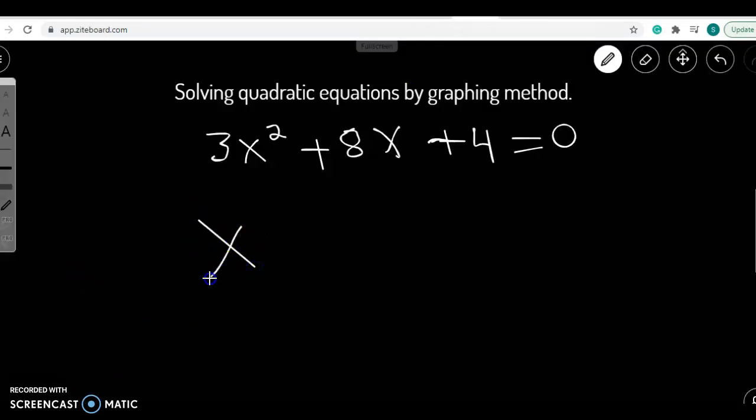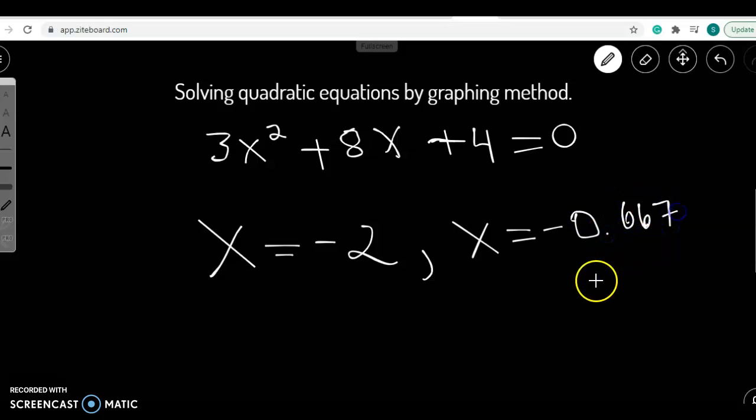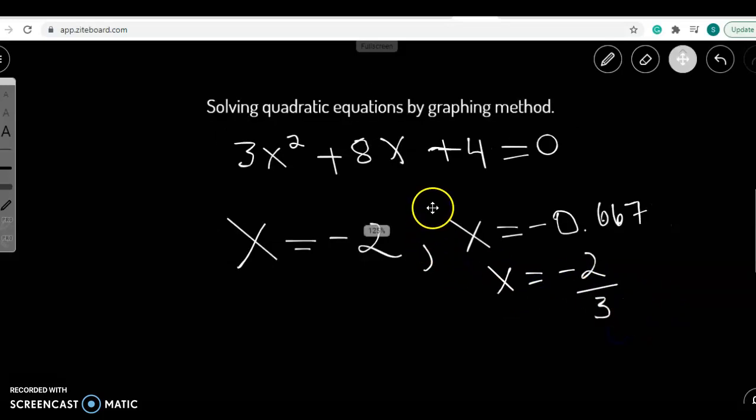So we have x equals -2, and x equals negative 0.667. This one, if you convert it into a fraction, you realize that it is the same as x equals -2/3. Okay.